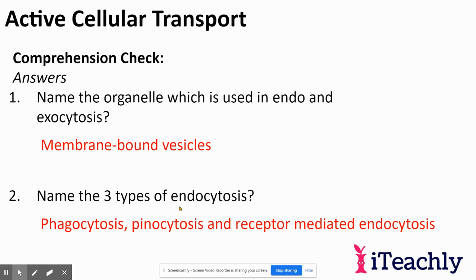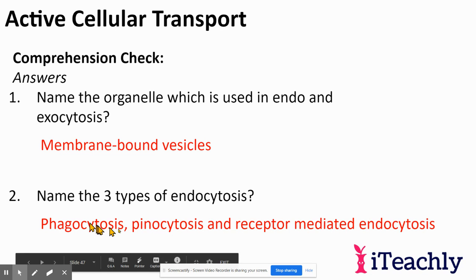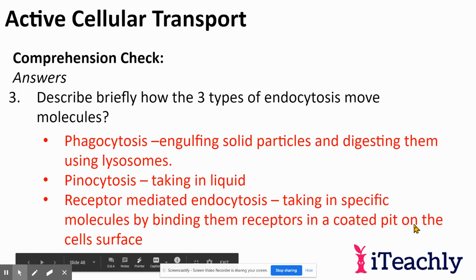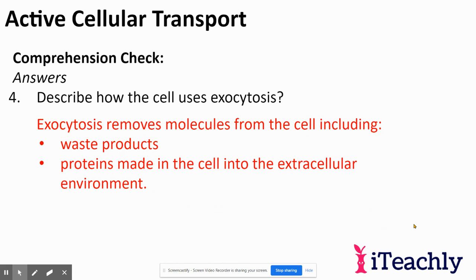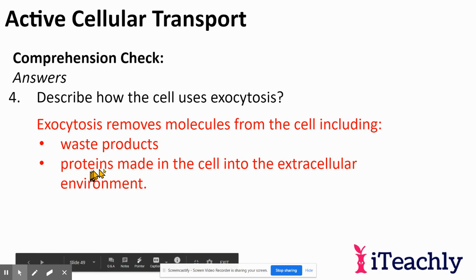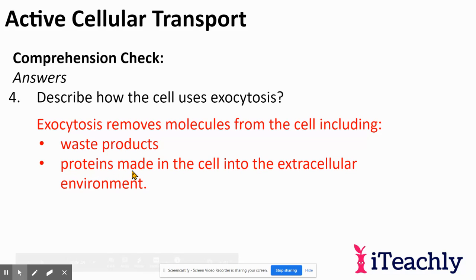The 3 types of endocytosis are cell eating, cell drinking, and receptor-mediated cytosis. This is how the coronavirus comes in. So that's what that says. And then exocytosis, it gets rid of waste products, it gets rid of proteins that are needed outside the cell, things like that.